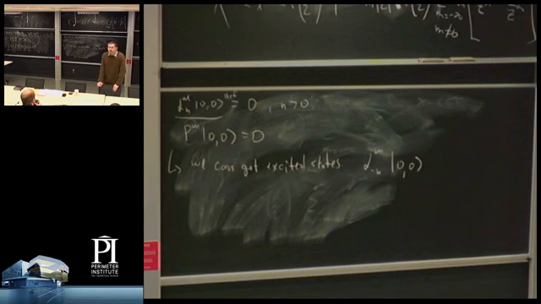I define what I call my vacuum, and then I construct the states by acting on the vacuum with operators that don't annihilate it. So you might ask, what is special about this definition of the ground state?